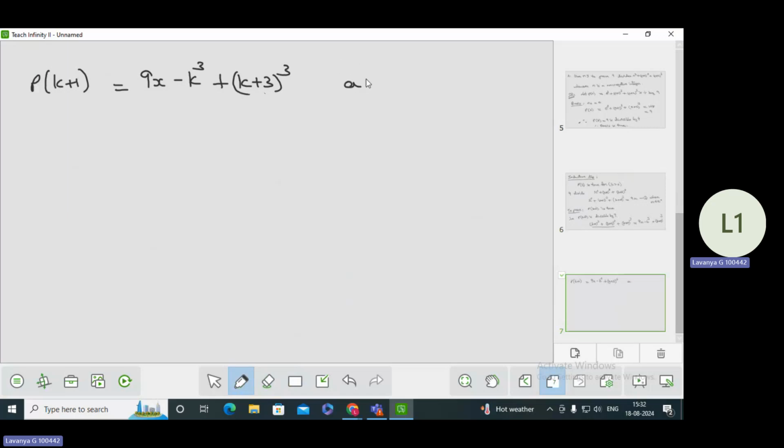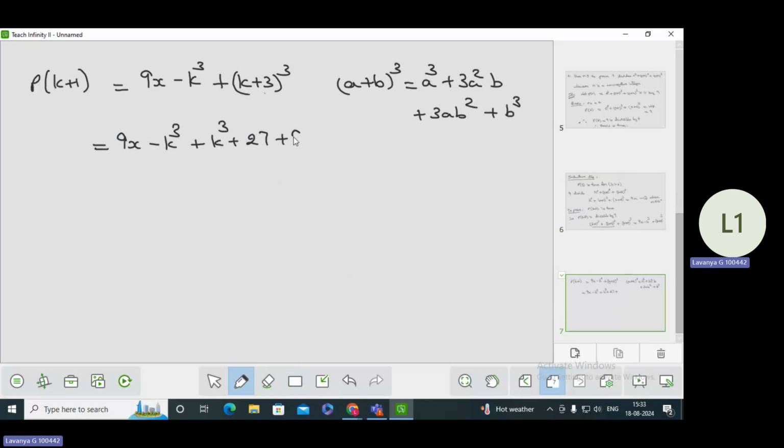What do I know? I know that (a plus b) whole cube is a cube plus 3a squared b plus 3ab squared plus b cube. Now let us try to incorporate it here. I will have 9x minus k cube plus k cube plus 27 plus 9k plus 3k squared. Am I correct?